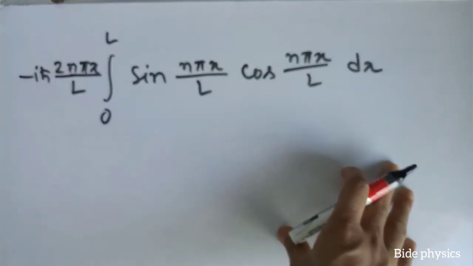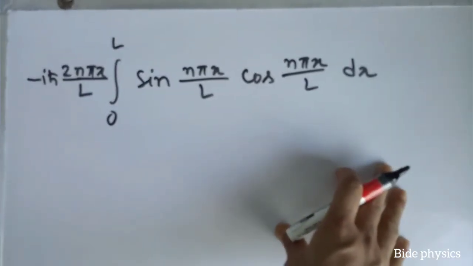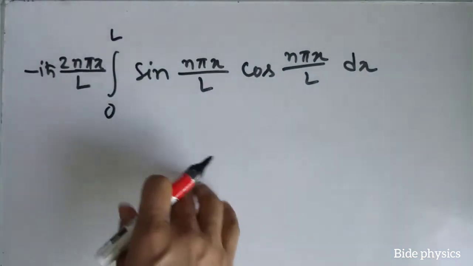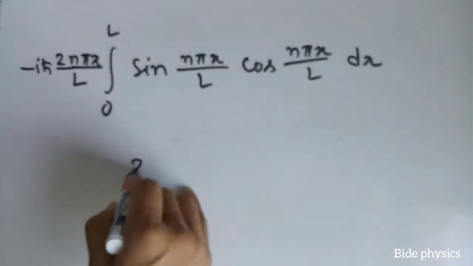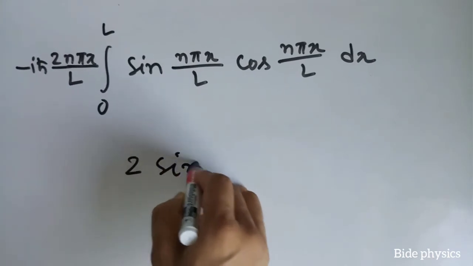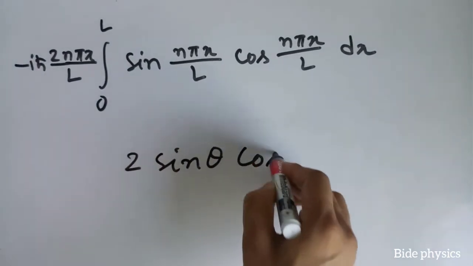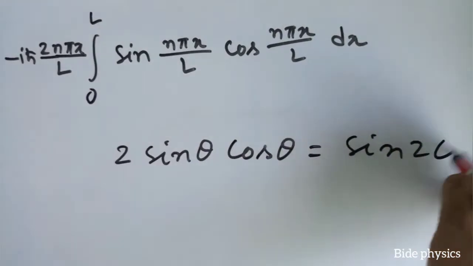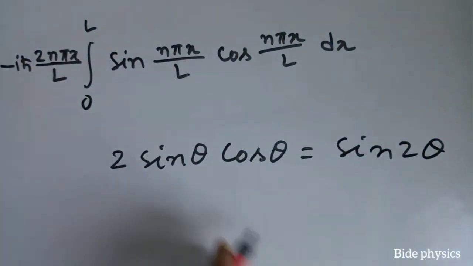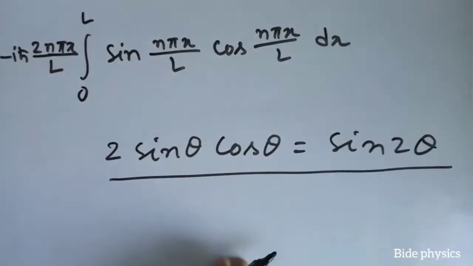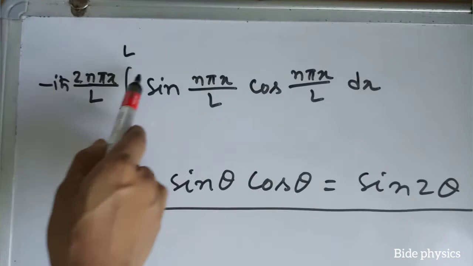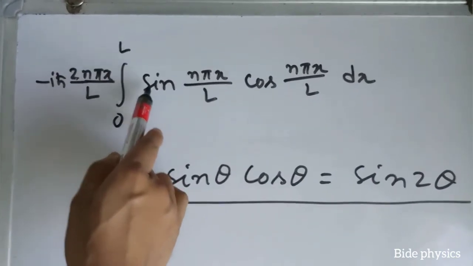Now, perhaps you know from your trigonometric knowledge that twice sine theta cos theta is equal to sine twice theta. So we can use this formula here when you insert this 2 within the integral sign.